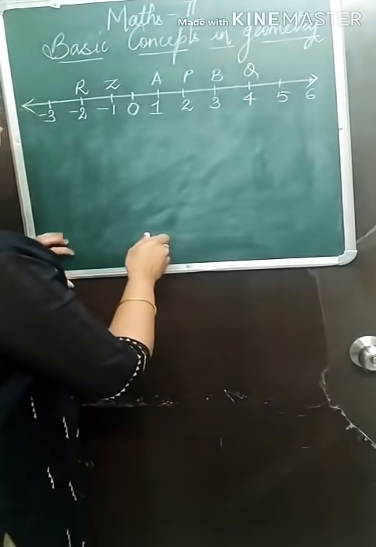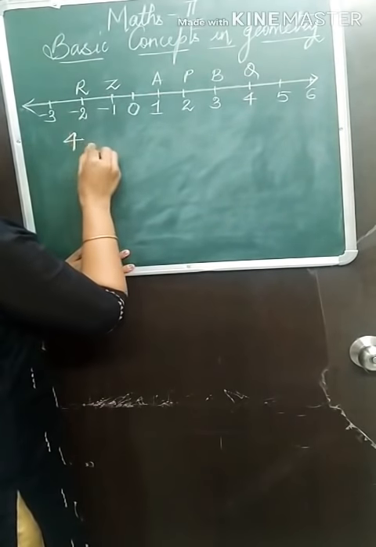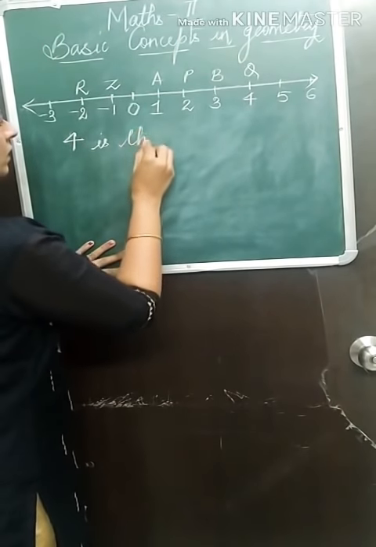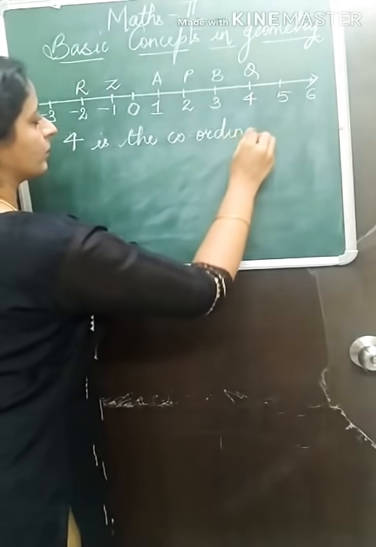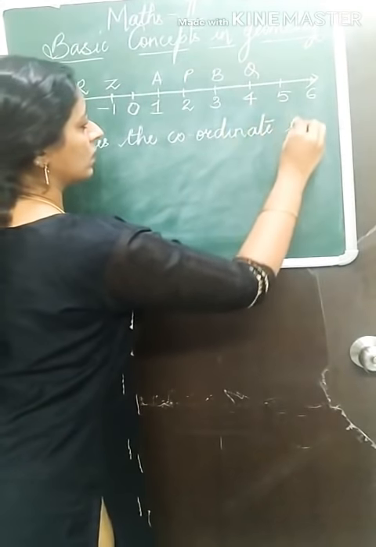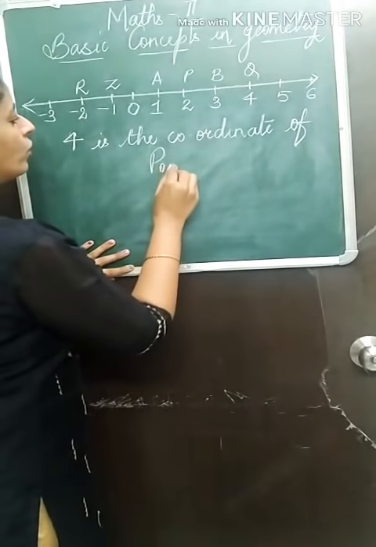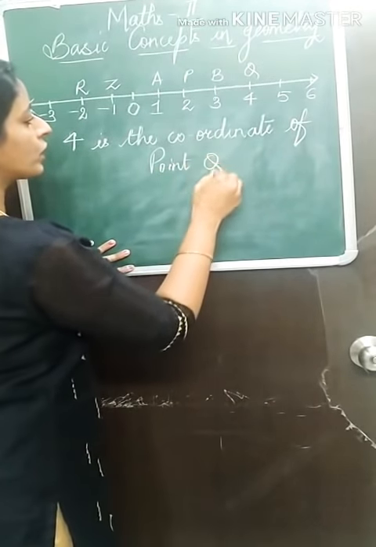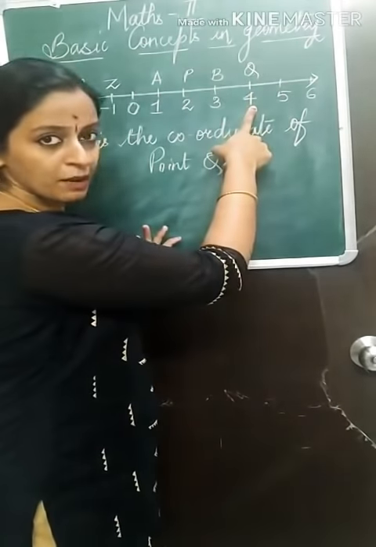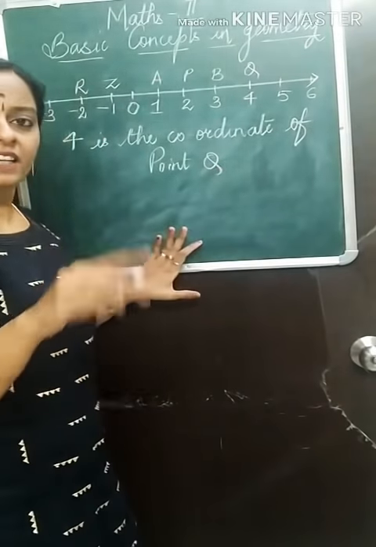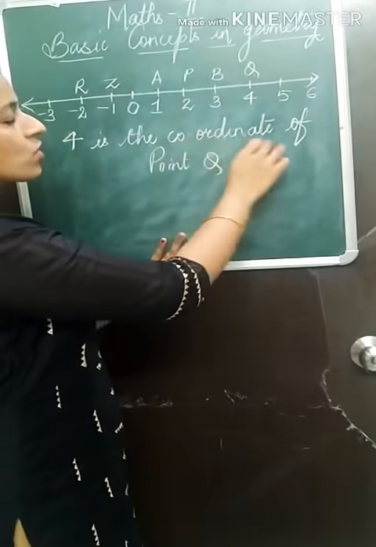Write down: 4 is the coordinate of point Q. I repeat, point Q represents the number 4. In a number line we call it a coordinate.